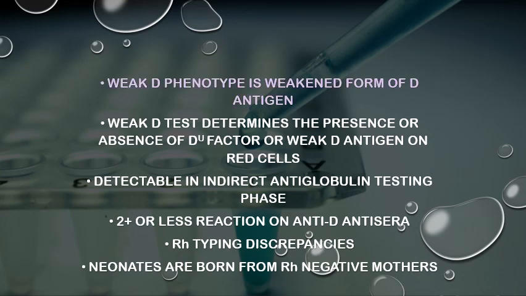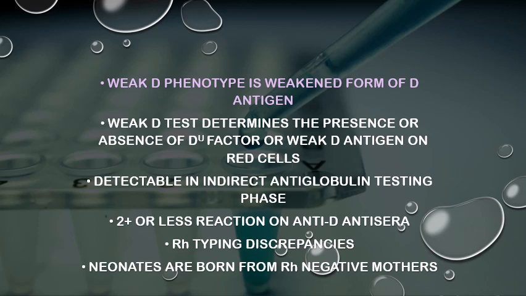Weak D phenotype is a weakened form of D antigen. Individuals having this phenotype have a weakened expression of D antigen because of variations in the quantity of D antigen or in the specificity of D antigen epitopes.